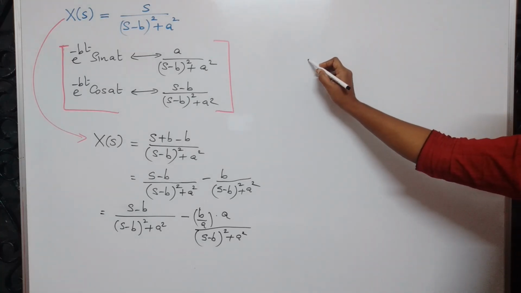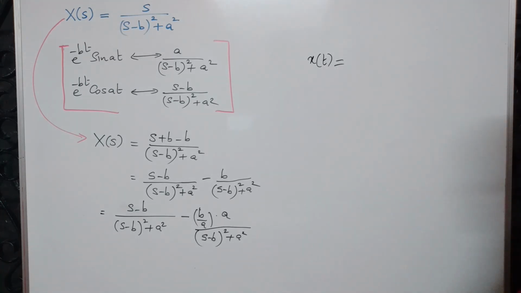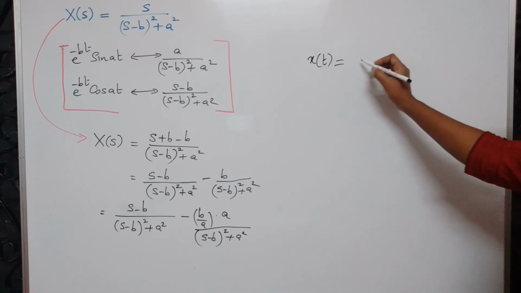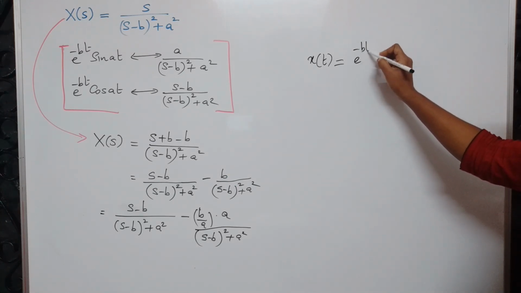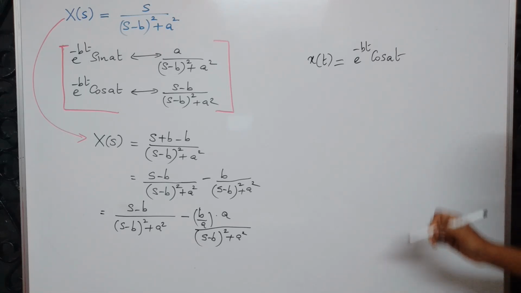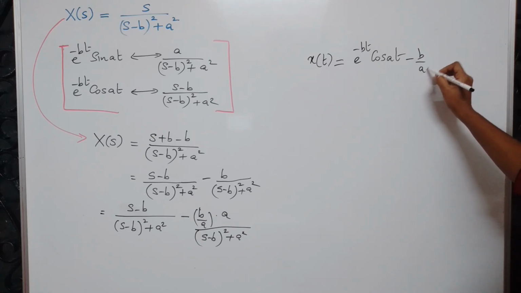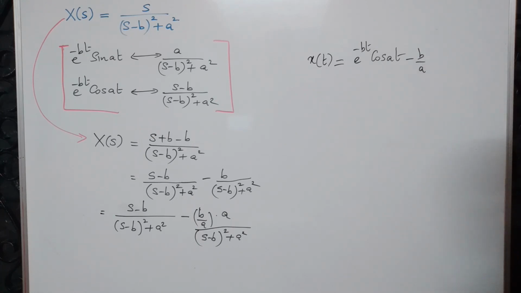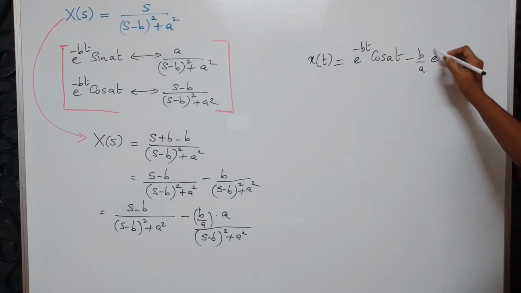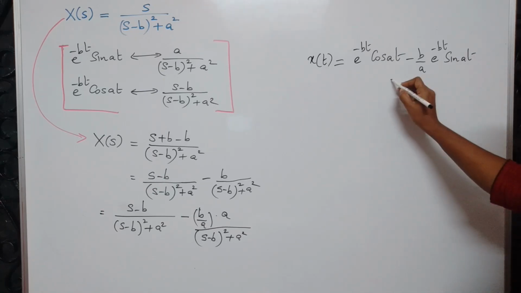X of t is equal to, the first one, (s minus b) by (s minus b) the whole square plus a square, will be e raised to minus bt cos at. Minus b by a is a constant, into a by (s minus b) the whole square plus a square, which is e raised to minus bt sin at.